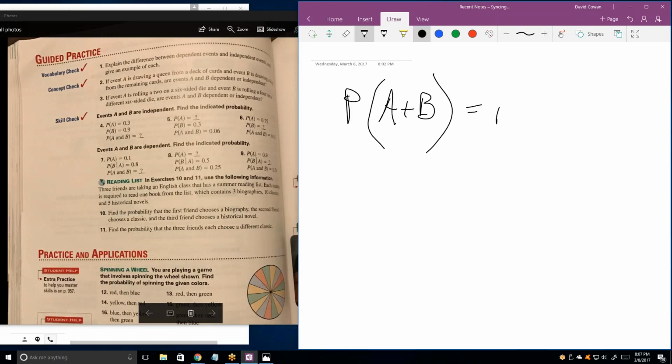But it's the probability of A plus the probability of B. If they're dependent, then it's the probability of A plus the probability of B minus the probability of A and B.